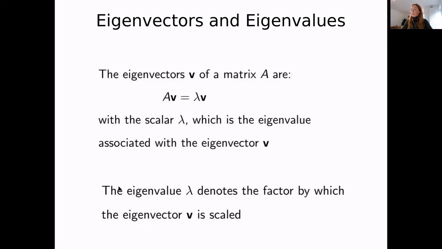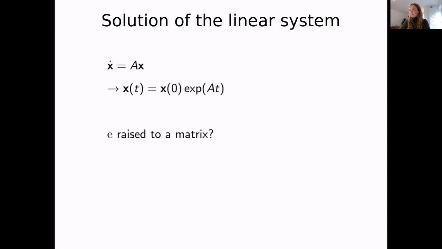So this is why eigenvectors and eigenvalues are so important. Just for you to know what eigenvectors and eigenvalues are, and we now take a look at why they are important for stability.